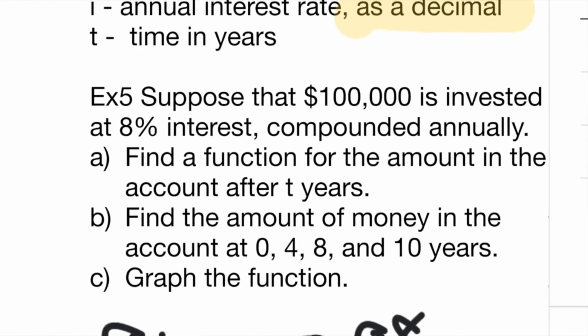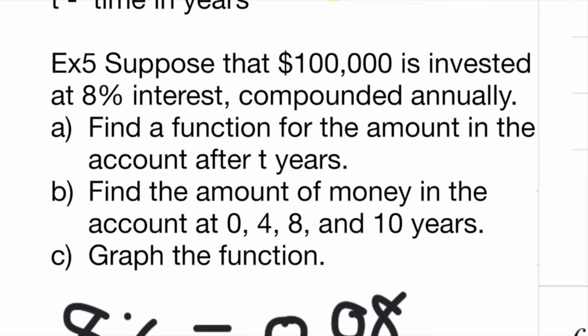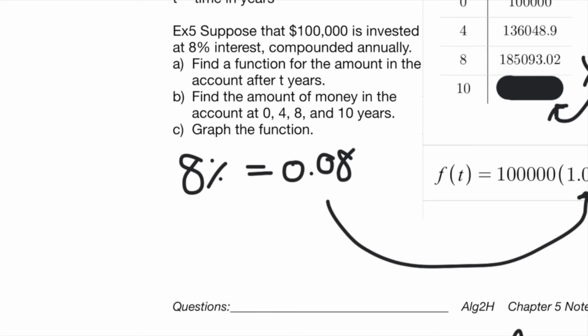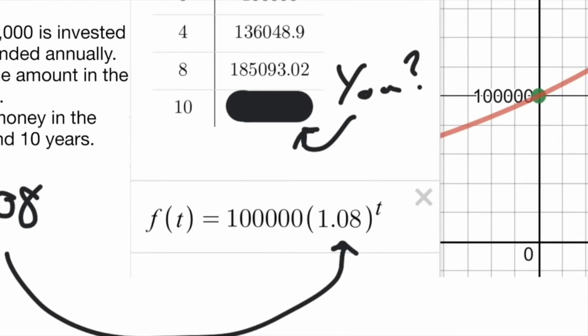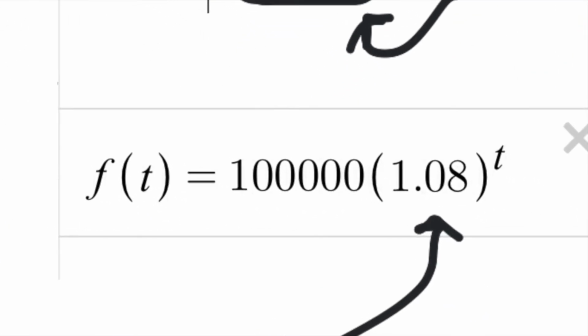So check this out. Suppose that $100,000 is invested at 8% interest, compounded annually. Compounded just means you're applying the interest annually. Find a function for the amount in the account after t years. So remembering to change 8% into its decimal 0.08, we can say that it's going to be 100,000 times 1.08.